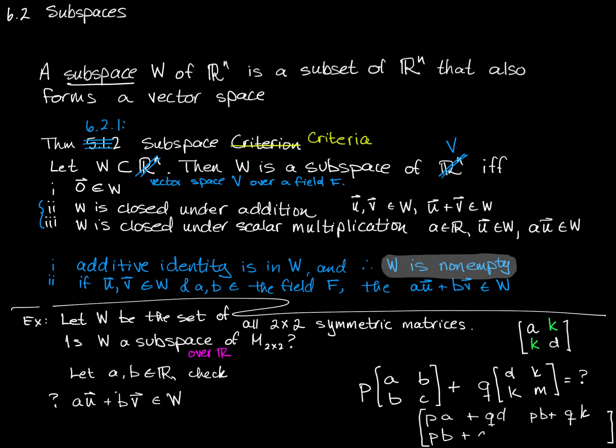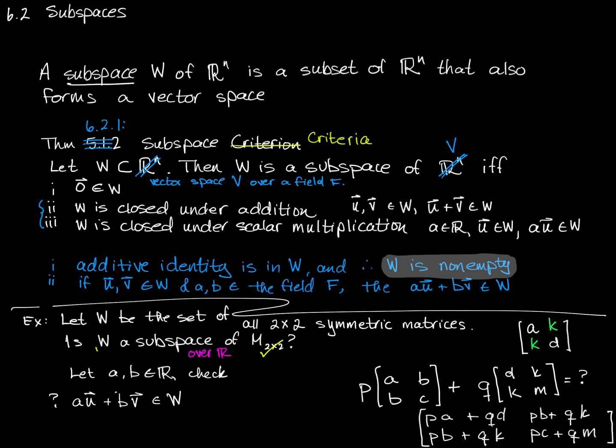My last entry will be PC plus QM. My resulting matrix has four entries. It's a 2 by 2 matrix, so it satisfies that it belongs in M22. It's a different color. It belongs in M22.